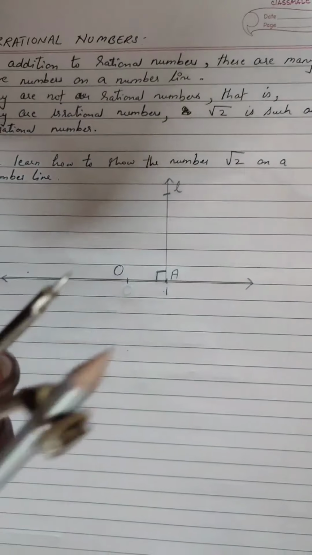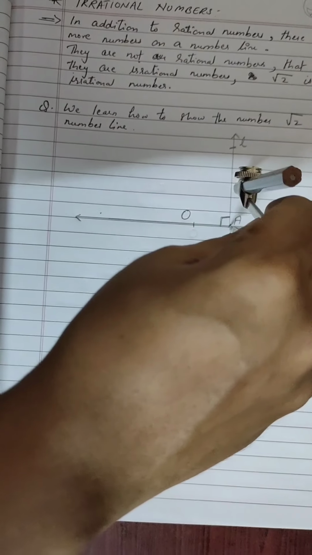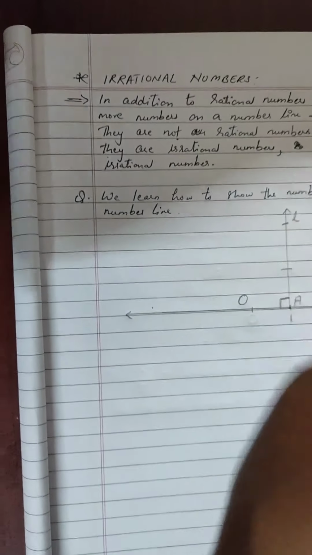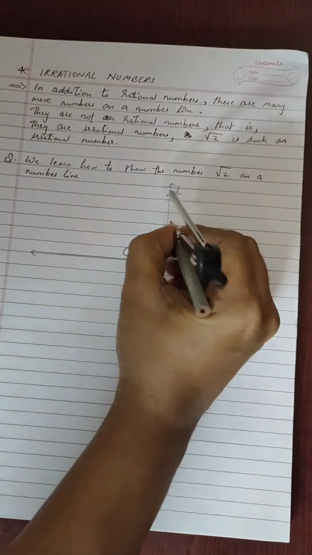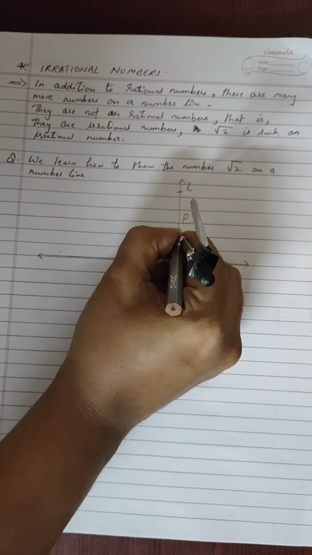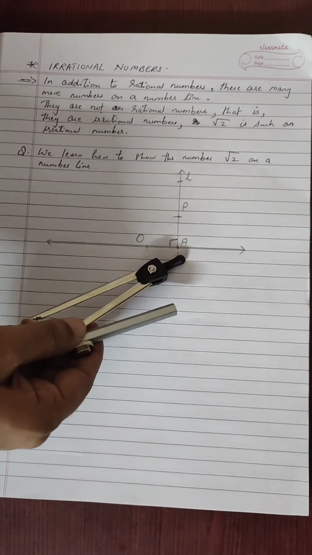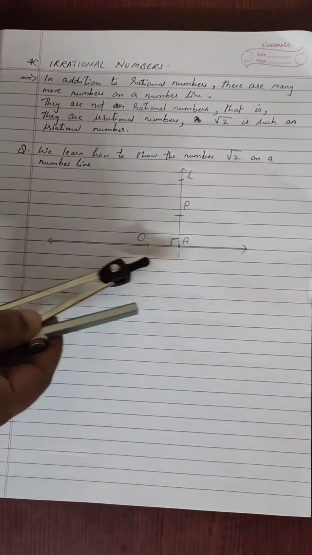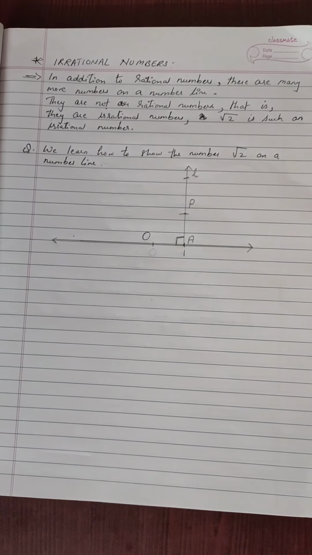This much distance we have to take from point A to here, and we will mention that as point P. So the distance from O to A and A to P is the same, unit 1. OA equal to AP equal to unit 1.